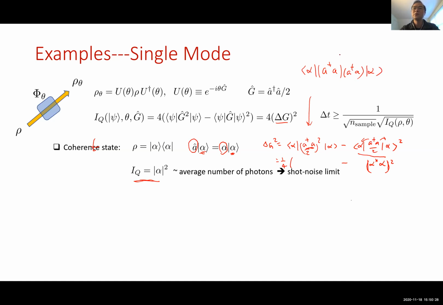What you will do is use A times A dagger is A dagger A plus 1, and if you expand, it's A dagger A plus A dagger A. The expectation value with respect to that we already calculated. You act twice with A on the alpha, so you bring down alpha squared, and to the left you bring alpha star squared. So it's the absolute value of alpha to the 4th.